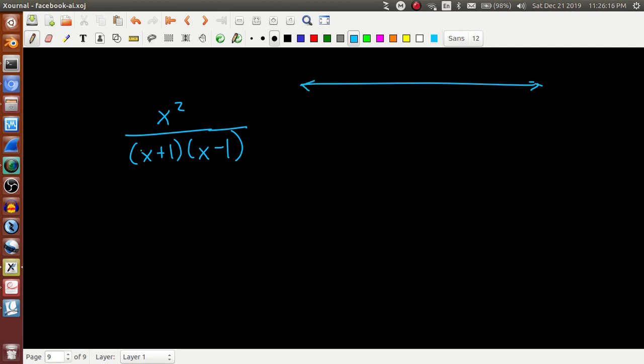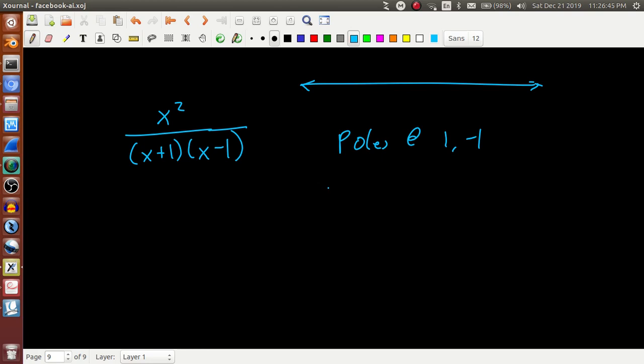Maybe complex lines too, but in this case we're fine on the real line. And what do we know about this? It's got poles at 1 and -1, and it's got a 0 at infinity. Well, actually no, it doesn't have a 0 at infinity. Maybe I should have made that different. It does not have a 0 at infinity, because this thing goes to infinity, it becomes 1 at infinity. It has a 0 at 0.